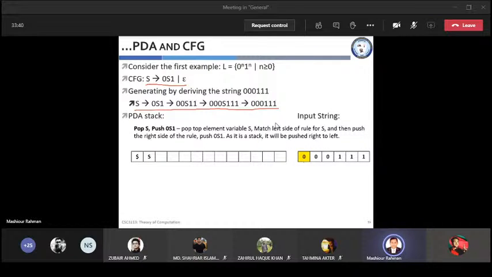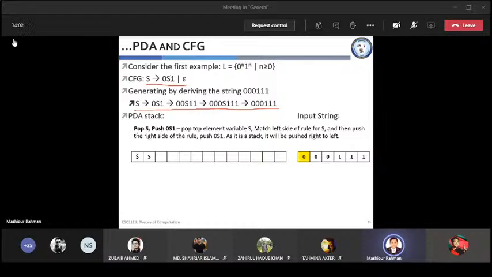Now as the input string is 0, epsilon does not match. This one directly matches with the input string. Why? Because the first symbol over here is 0 and we also require a 0. So among the two rules, the machine will by default choose 0S1.